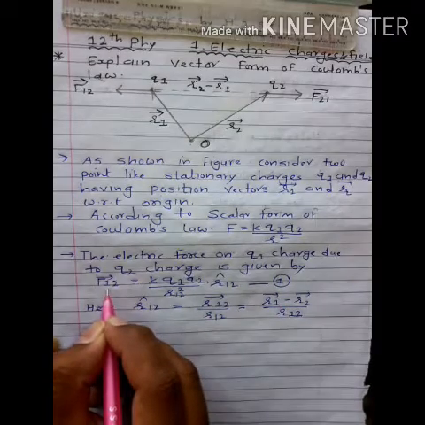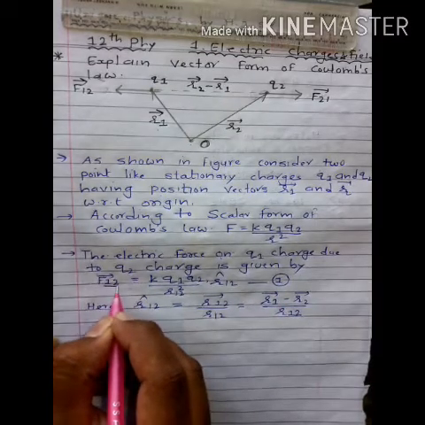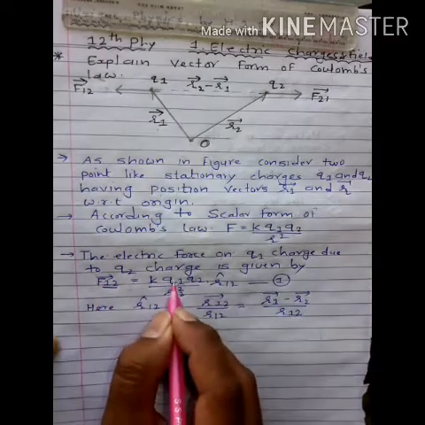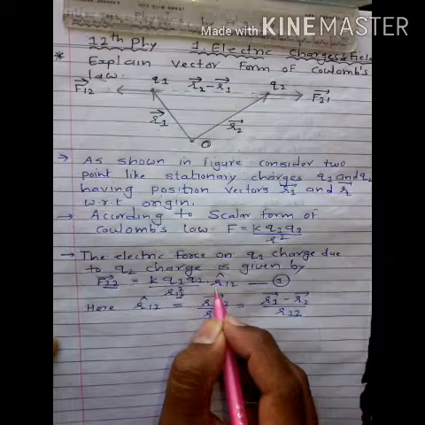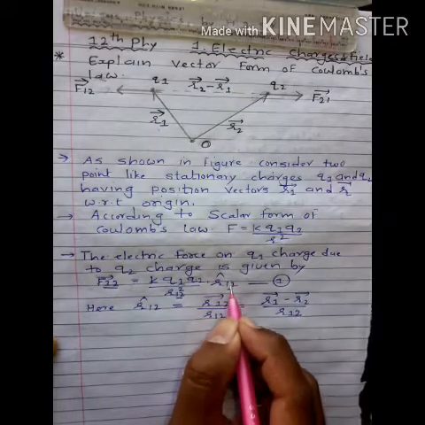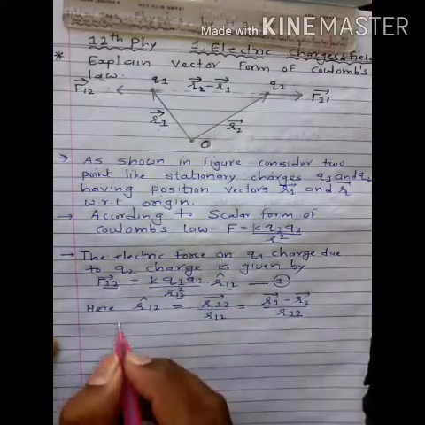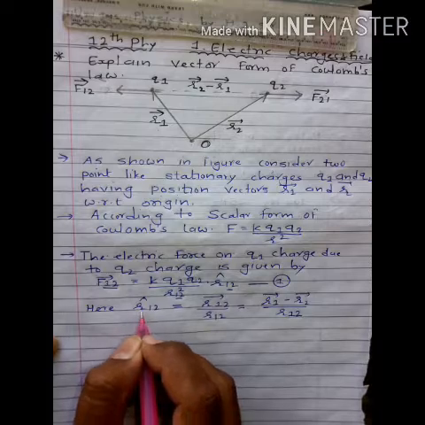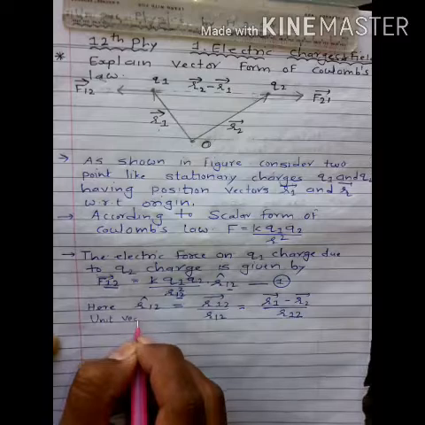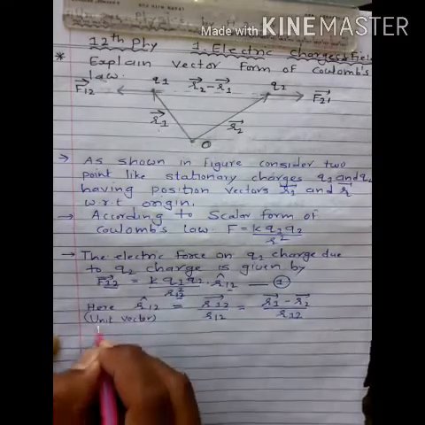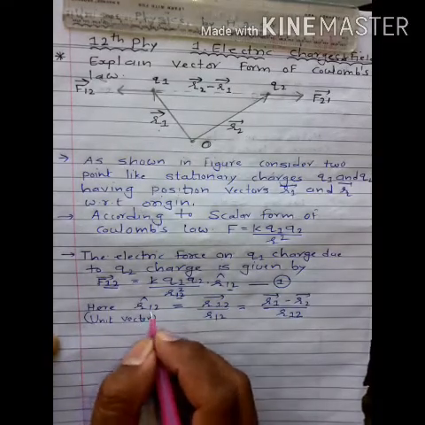Clear? So here the force acting on first by second, F12, is equal to k q1 q2 upon r12 square into r cap 12. Now what is r cap 12? R cap 12 is called a unit vector, and remember its equation.